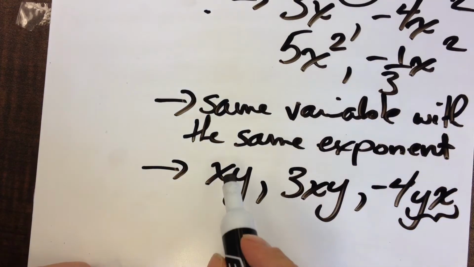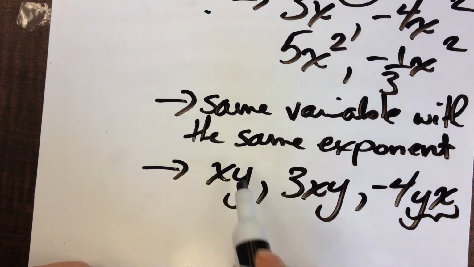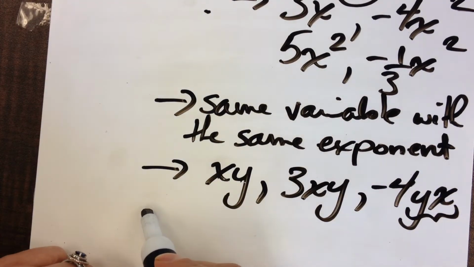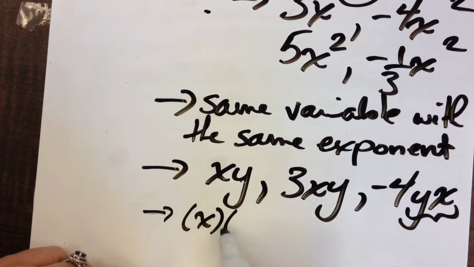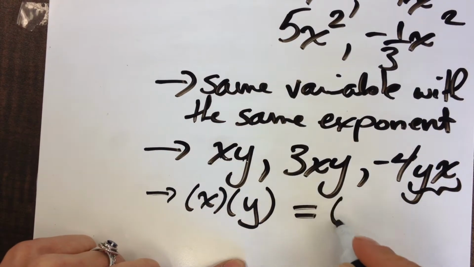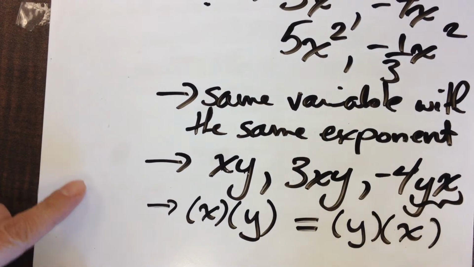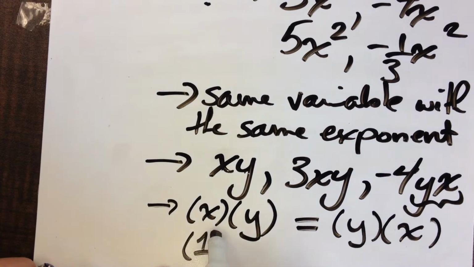Well, let's see. What does it mean when you have two variables attached like this? Well, it means that we are multiplying x times y. Is it equal to y times x? If I put in a number, I'll put a 1 for x, I'll put a 2 for y.